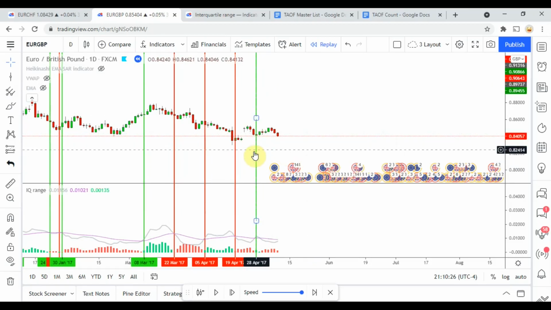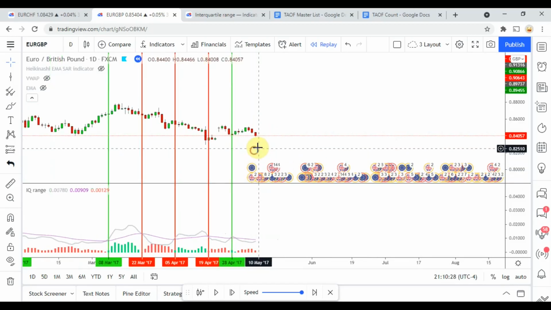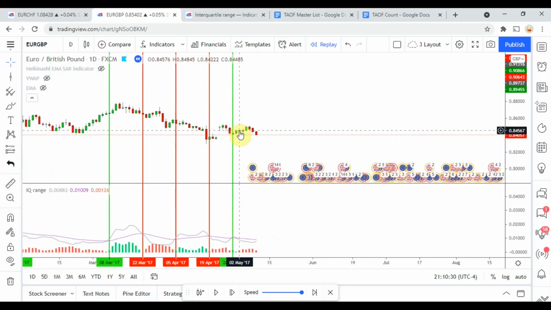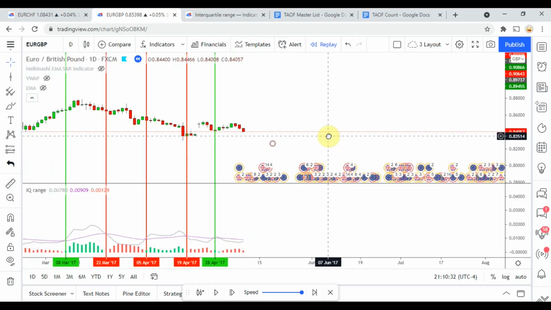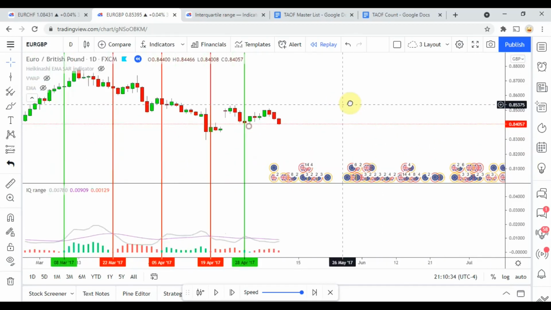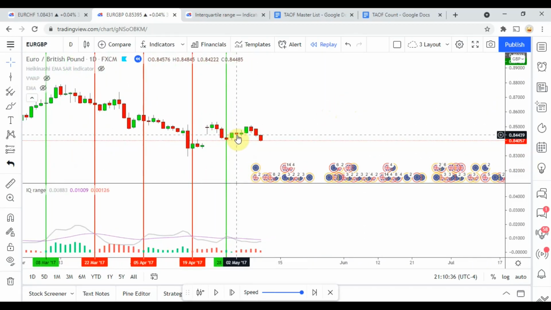So what's interesting is, on this candle right here, let me zoom in a little more. There we go. This little red candle right here actually formed our next short signal. We wouldn't have gone short on this until after this candle closes. So as this candle is forming, we're still in this long trade.